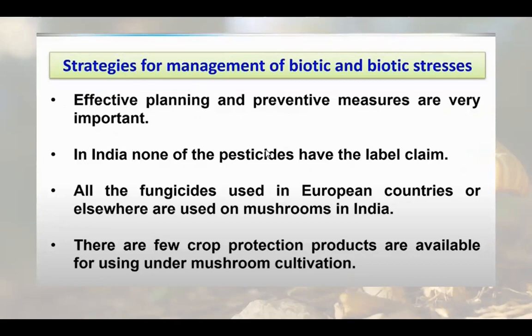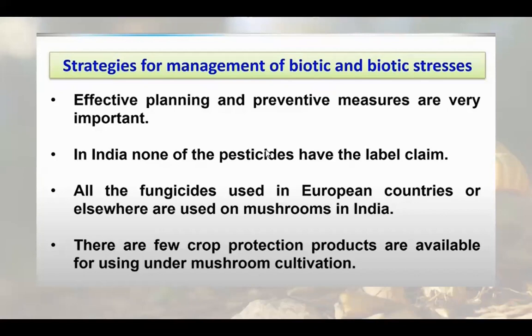Effective planning and preventive measures are very important. So how do we have to work for managing these stresses? We have to plan at every stage, okay? And we have to take preventive measures, whether it is temperature, abiotic factors or biotic factors. In India, none of the pesticides have the label claim. All the fungicides used in European countries or elsewhere are used on mushrooms in India.